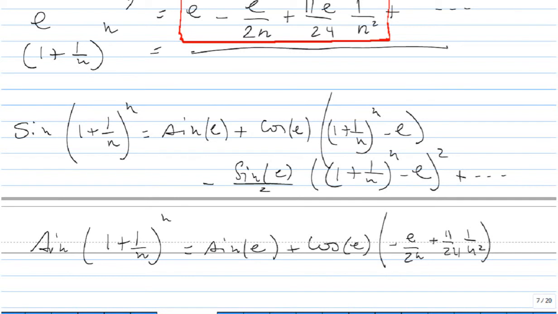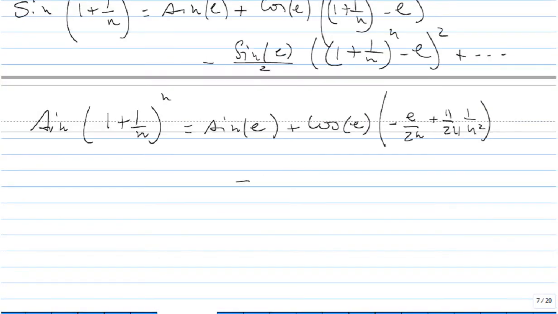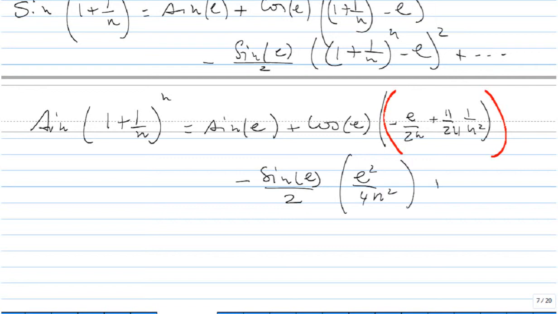So the next one will be minus sine of e over 2, and then we have the difference squared. So it's this term here squared. We only keep the e squared over 4n squared plus etc., because we're stopping at 1 over n squared. Now putting the stuff together, this gives me sine of e minus e cosine of e over 2n.